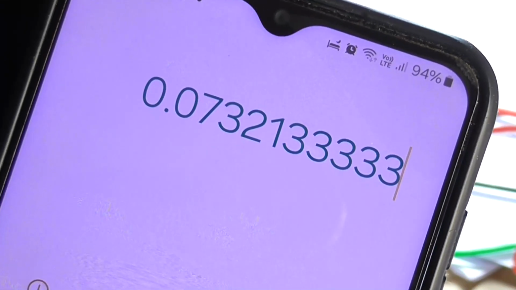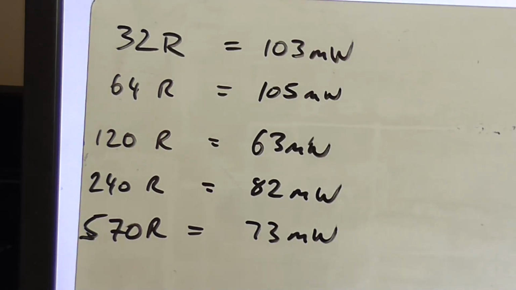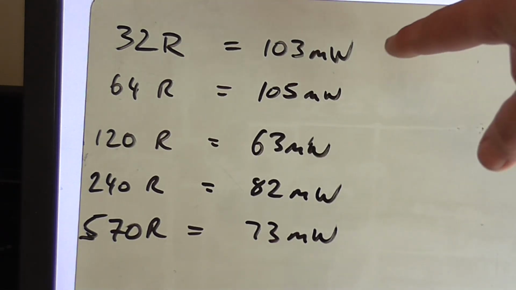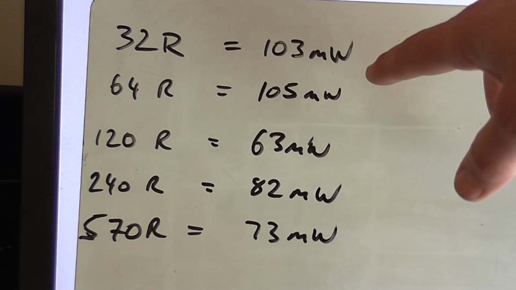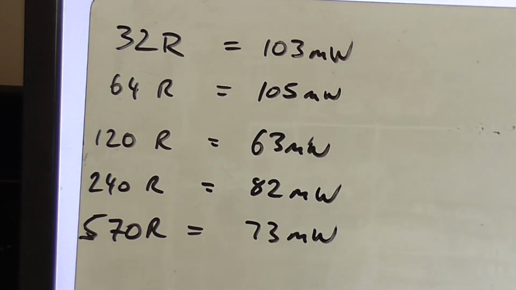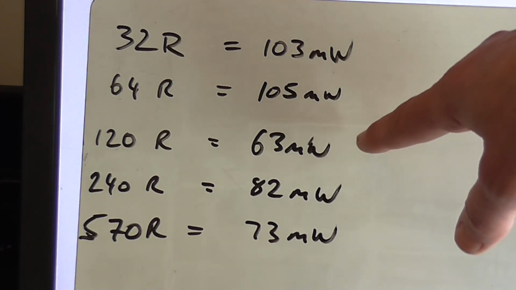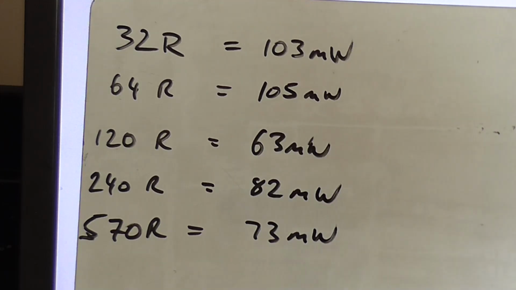Alright, so these are my results. At 32 ohms, we've got 103 milliwatts. At 64 ohms, or close to it, got 105 milliwatts. At 120 ohms, we've got 63 milliwatts.